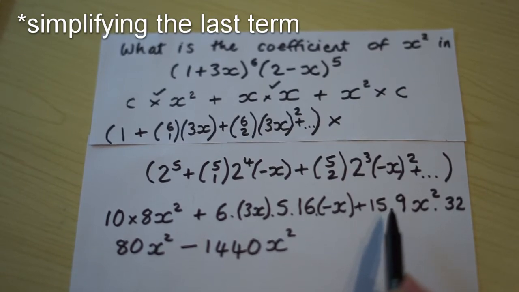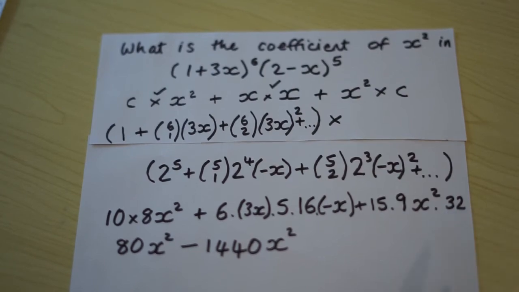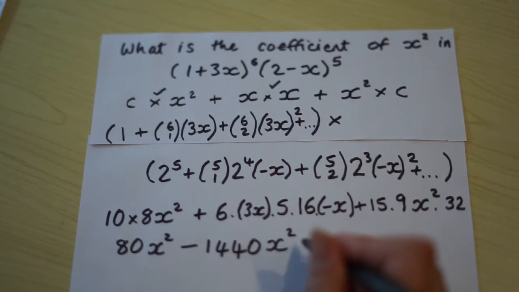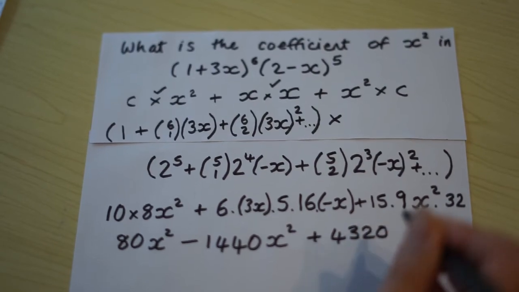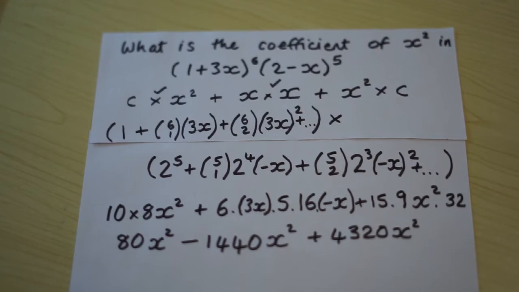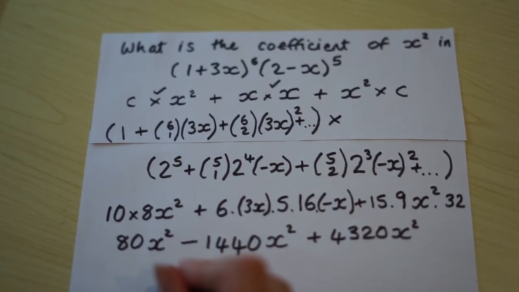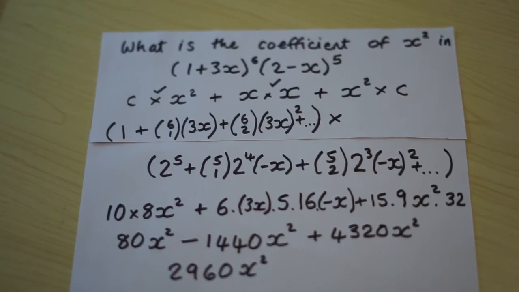Okay, simplifying the last term, we've got 15 multiplied by 9 multiplied by 32, and that is 4,320. Right, we've simplified them now, and then overall that is 2,960x squared. So the answer to the question is 2,960.